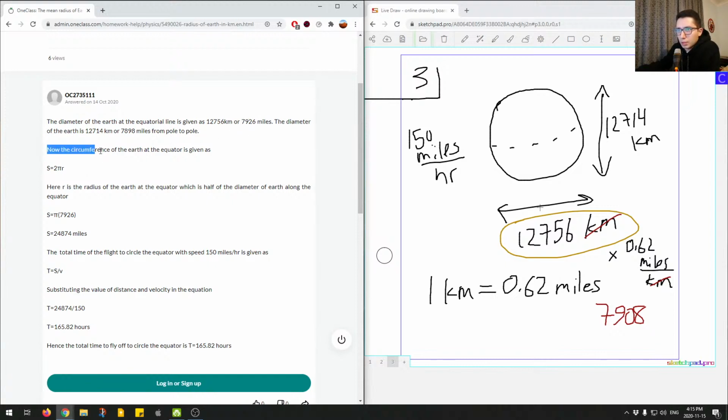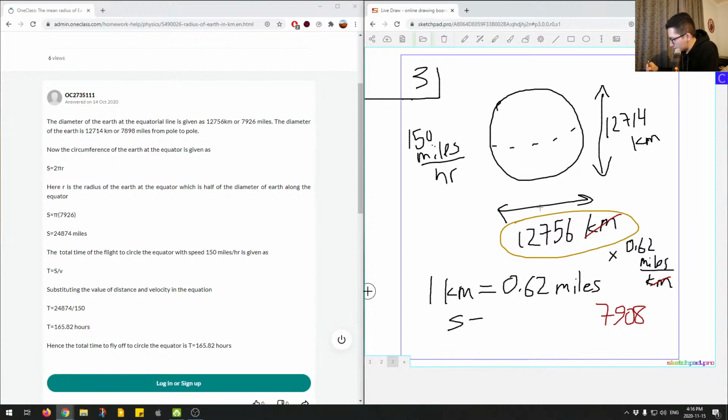That's all right though. So now the circumference of the Earth at the equator is given as this. So this is the equation for circumference, 2 pi r, or pi times diameter, because 2 times the radius is just the diameter. So circumference is, I usually use C, but we can use S for circumference.